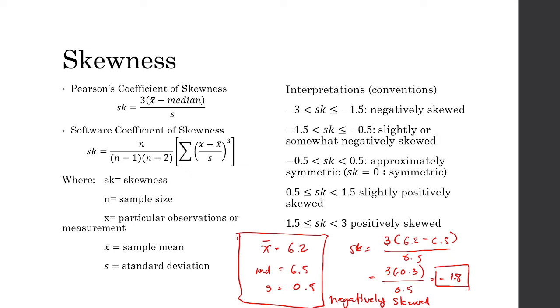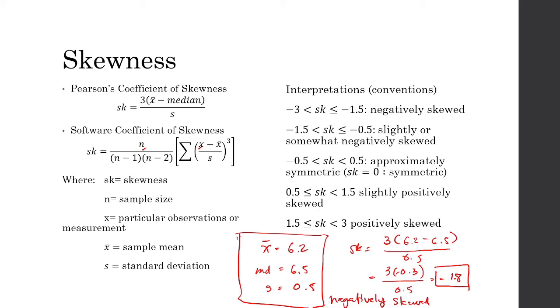So for the software coefficient of skewness, ayun nga lang, kailangan na natin ng n. And for that, hindi natin siya mako-compute dito. But for the software coefficient of skewness, kailangan mo mismo ng data. Kailangan mo ng distribution mo bago mo siya mako-compute. And also, you need to account for the sample size and your excess.